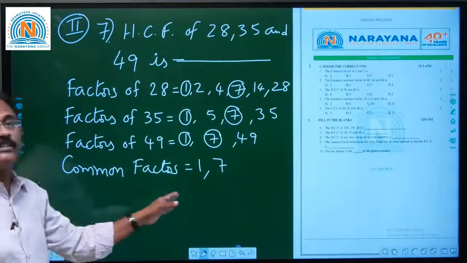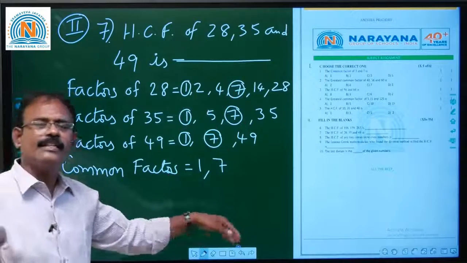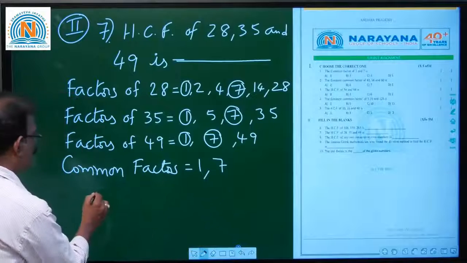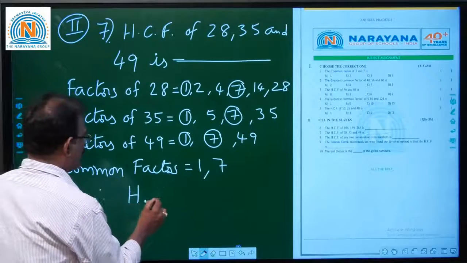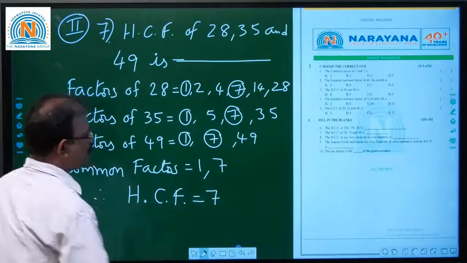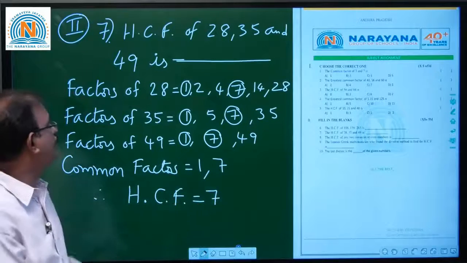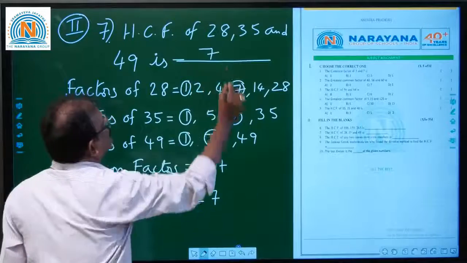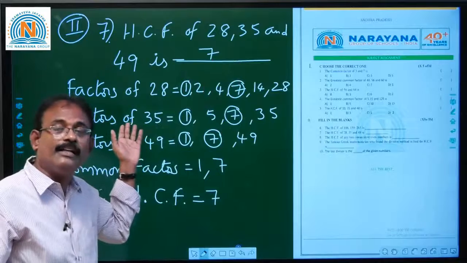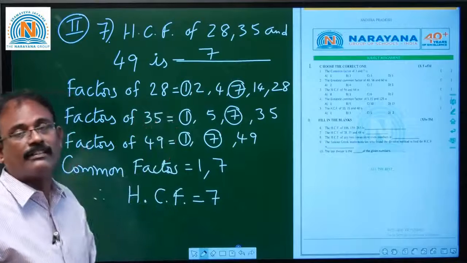So the common factors are 1 and 7. In that, what is the highest common factor, children? 7. Therefore, HCF is 7. So this is HCF of 28, 35 and 49, children. In which method did we apply here? By writing all factors, children.